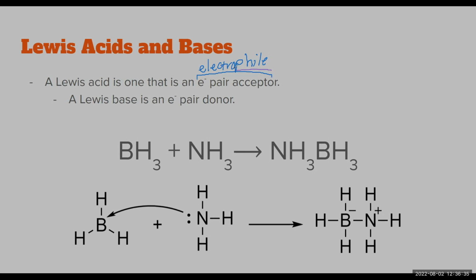So it's going to love electrons, or it will be able to accept electrons very easily. And the Lewis base is going to be an electron pair donor, which is going to be called the nucleophile. Meaning that it really likes to attack a nucleus.